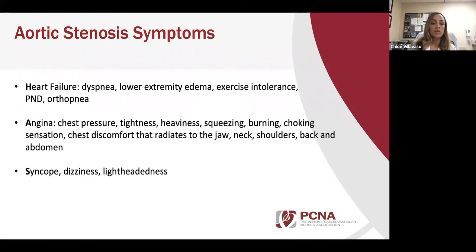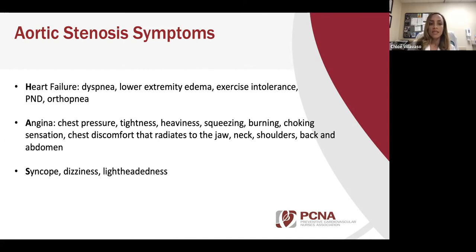These patients often present with dyspnea, lower extremity edema, exercise intolerance, paroxysmal nocturnal dyspnea, and orthopnea. The reason that patients with aortic stenosis have these symptoms is because the heart is unable to meet the physiologic needs of the body due to the narrowed and stenotic valve.